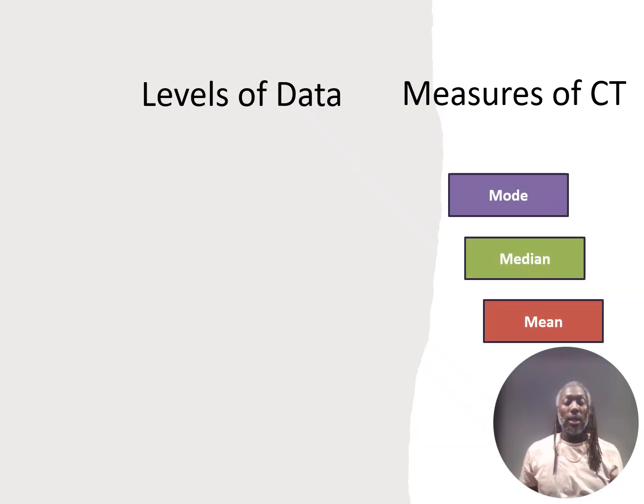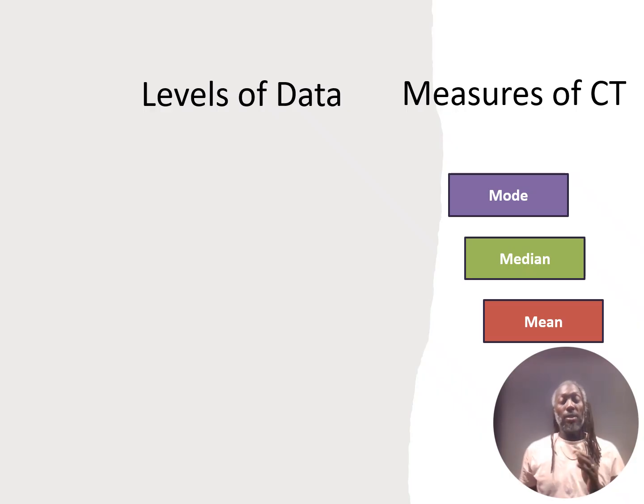Okay, so one last thing before we go ahead and actually calculate those measures of central tendency in SPSS. I just want to remind you that there are three measures of central tendency that we are going to be working with. They are the mode, which is the most frequently occurring value in your data set, the median, which is the value that splits your data in half.